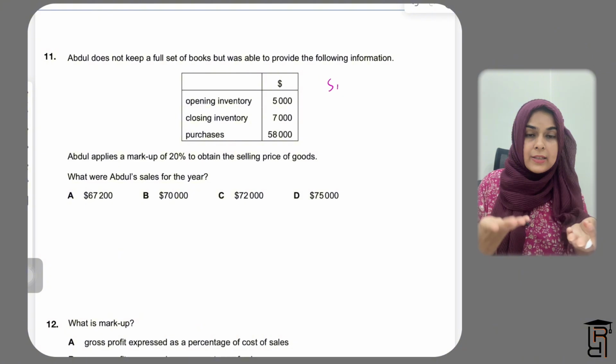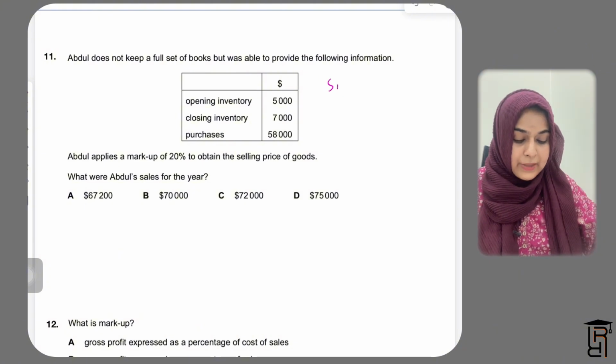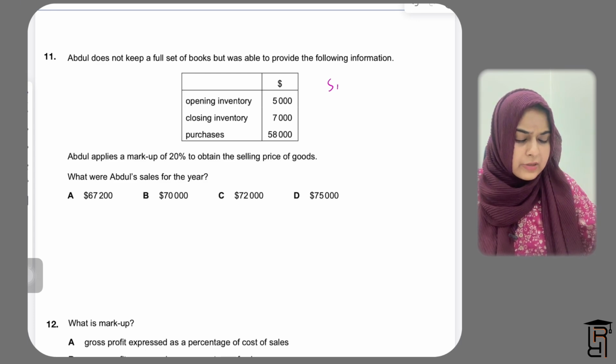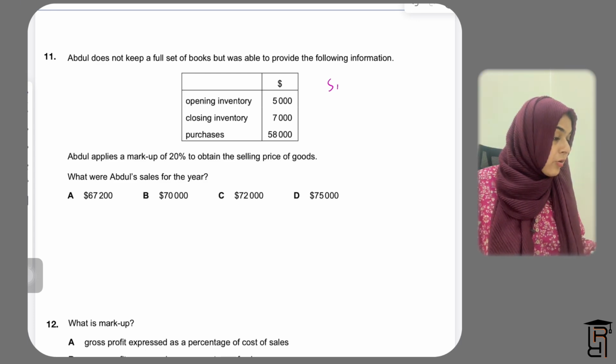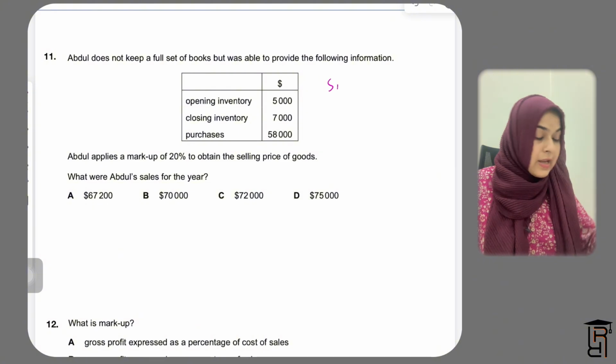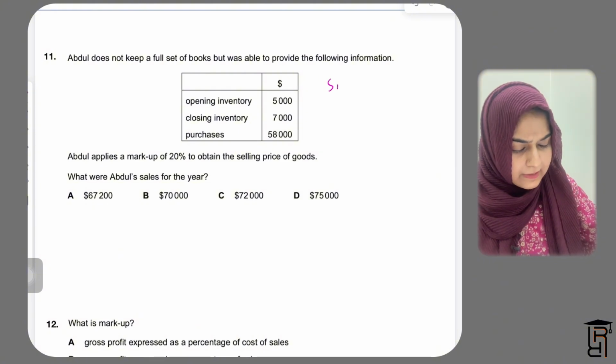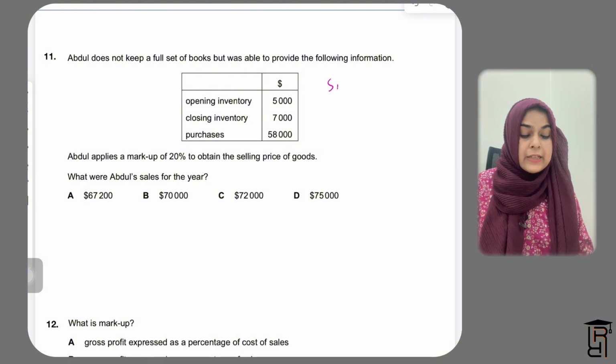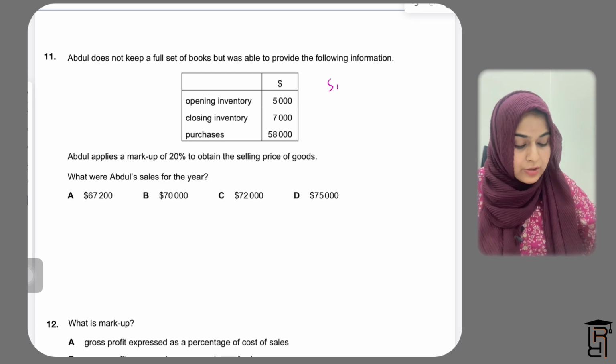I can see that these values can give me cost of sales. So opening inventory 5,000 plus purchases 58,000 minus closing inventory 7,000 gives me cost of sales, which in this case is 56,000. Now I know my cost of sales, 56,000, is 100%, and revenue is 120%, which I don't know, so I'll find it through cross multiplication.